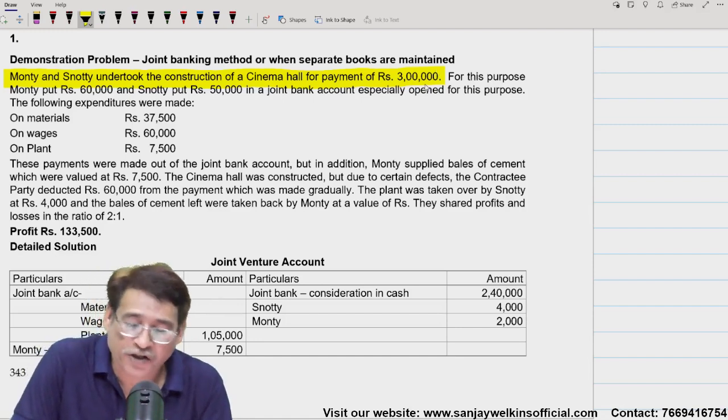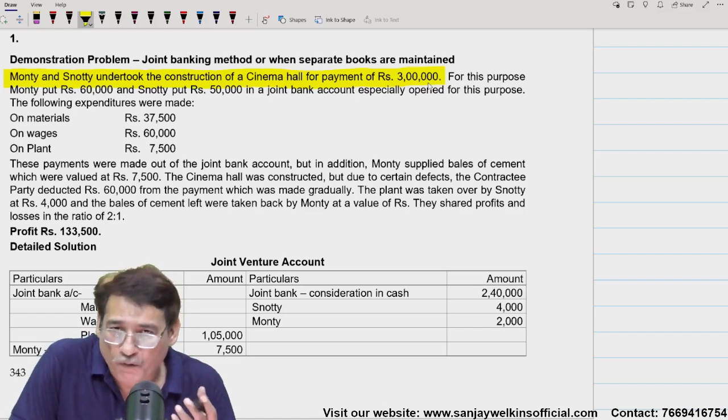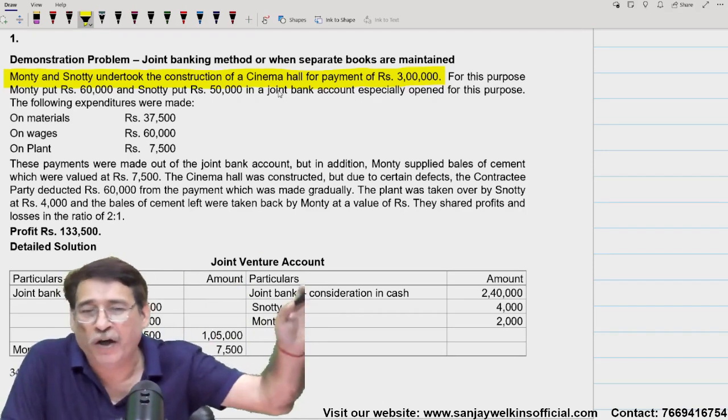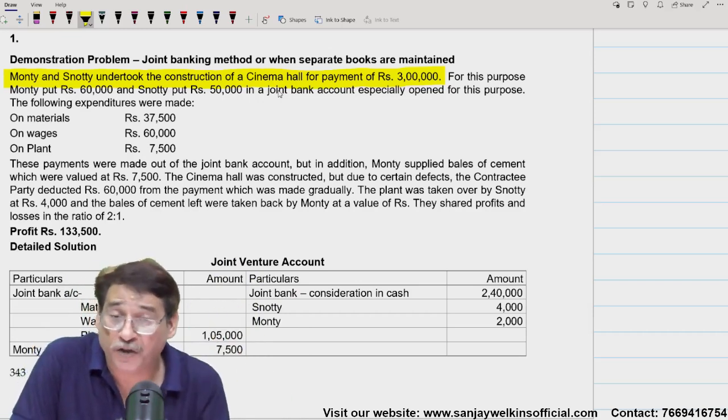What is the project they have undertaken? Construction of a cinema hall. What is the contract price? 3 lakh. It means the contracting party, the party from whom they have taken the contract, will pay them 3 lakh once the cinema hall is completed.